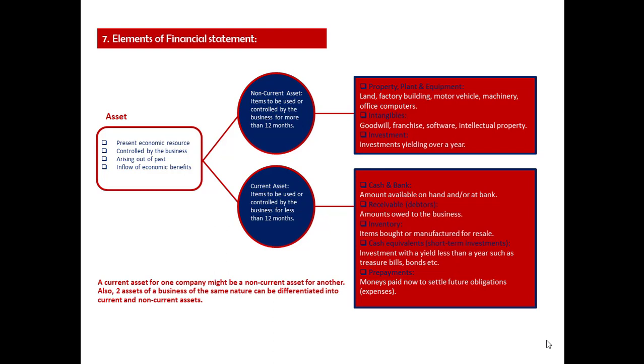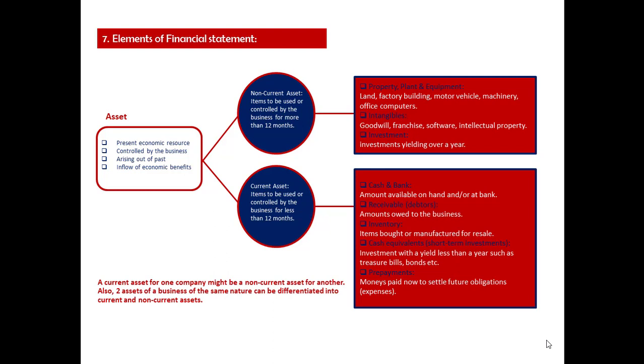For example, let's take a motor vehicle. A motor vehicle is a present economic resource because it has a value. It was bought or leased or exchanged at a value, and has the potential of bringing in future economic benefit because the motor van can be sold or used in the course of the business to bring in money. It is controlled by the business. If the motor vehicle's usage is determined by management of the business, then it is an asset.